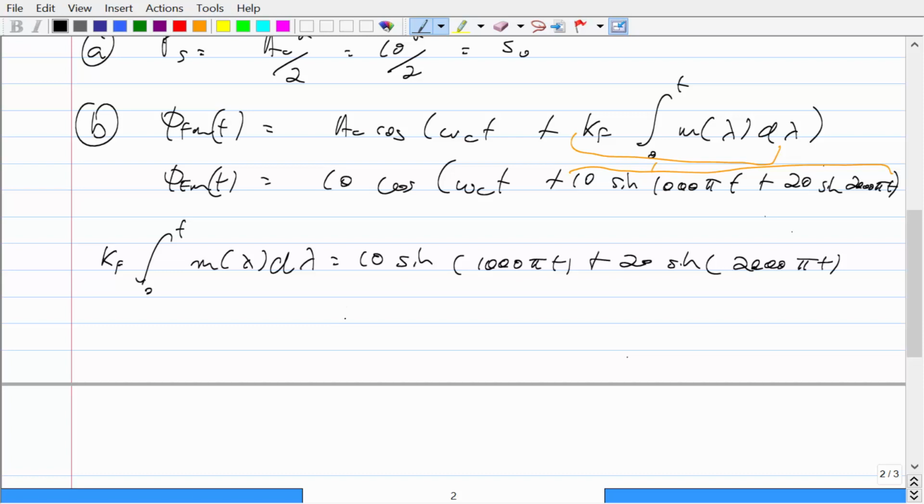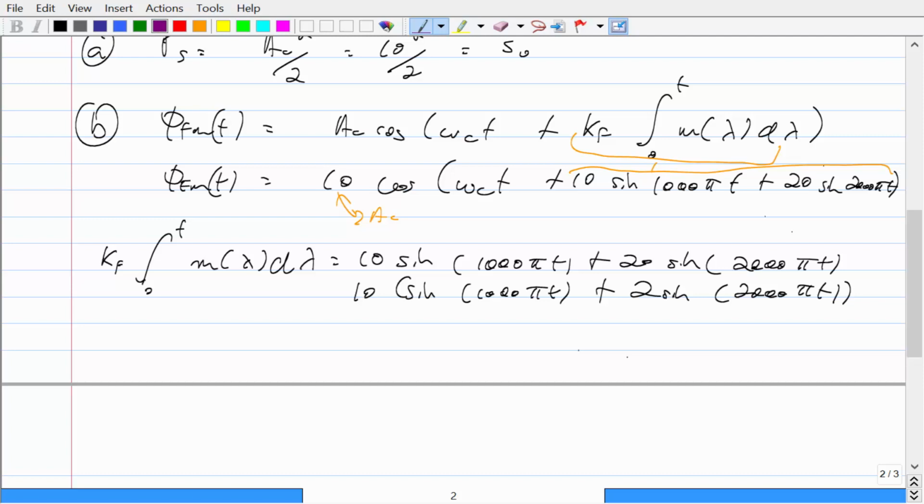Before I continue, we can see this is A_c, which is self-explanatory, and I'm going to leave that there because that's common. So let me factor out a 10, leaving sine 1000 pi t plus 2 sine 2000 pi t.